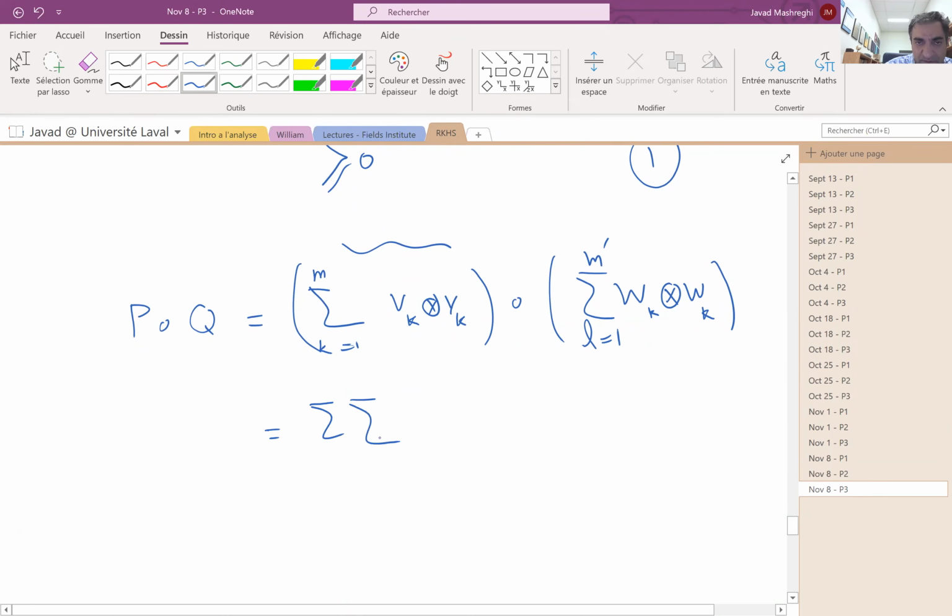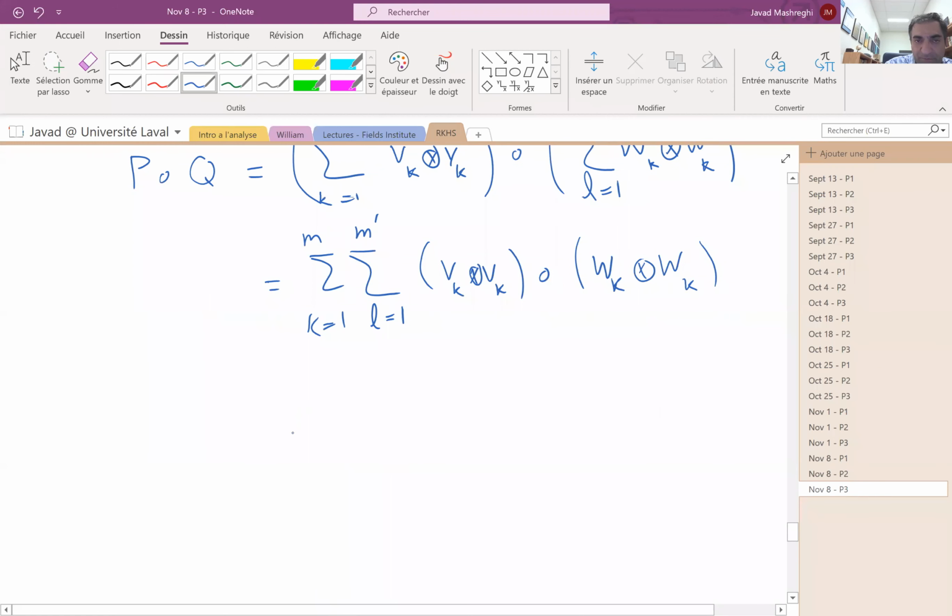It becomes distributive, sum over k, sum over l, V_k tensor V_k, then W_l tensor W_l. And this is as before.